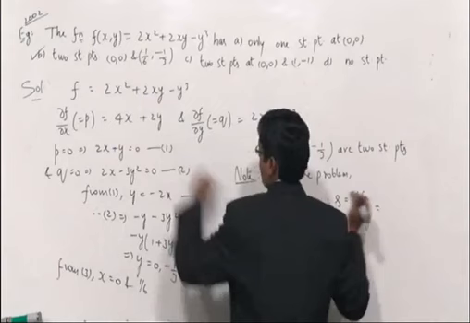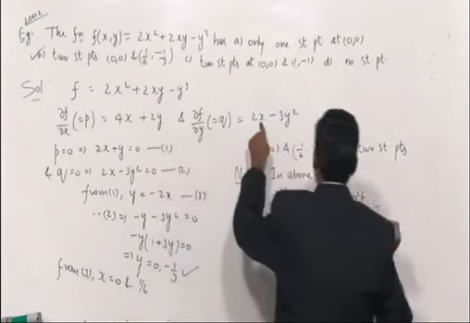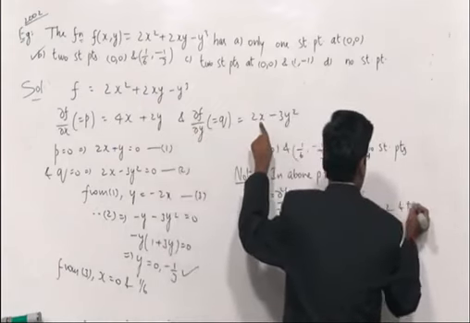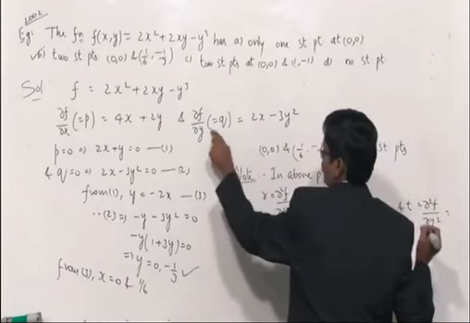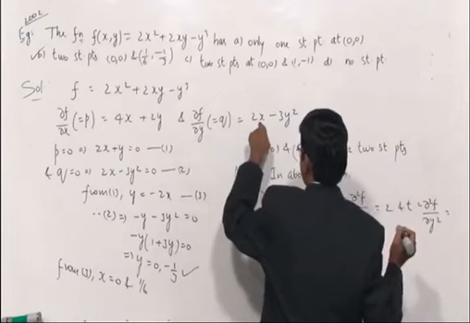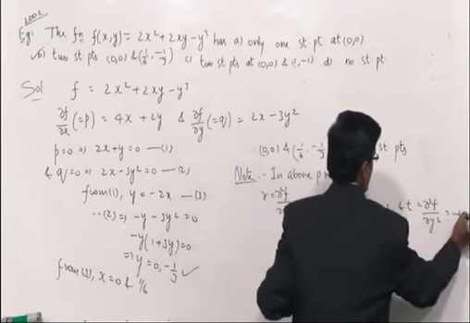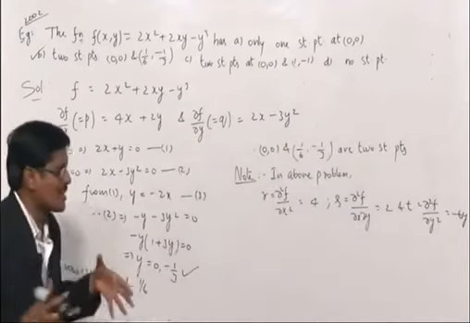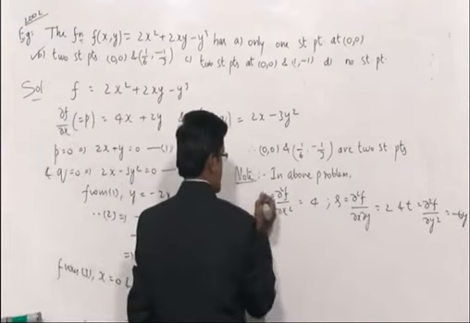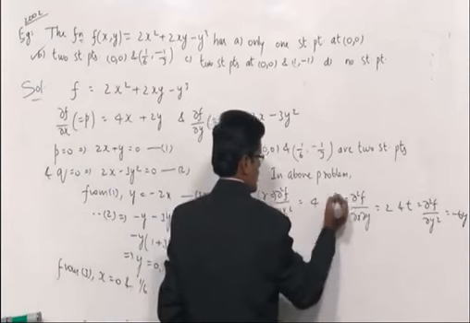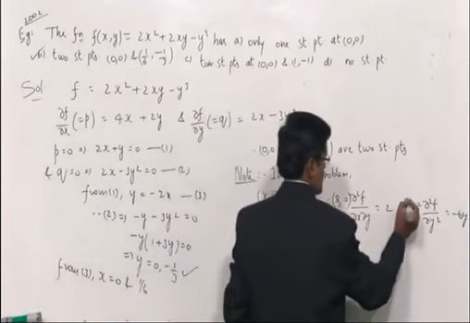That is, for del f by del y you find the derivative with respect to x, which gives 2, and T is equal to del square f by del y square. That means for this you find one more derivative with respect to y, which gives minus 6y. That means I have calculated all the second order derivatives denoted by R, S, T. Or you can write directly like this for understanding purpose, other notations.